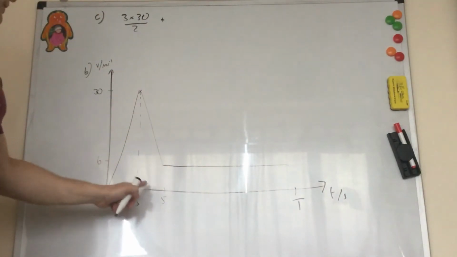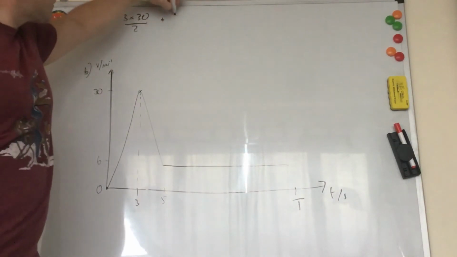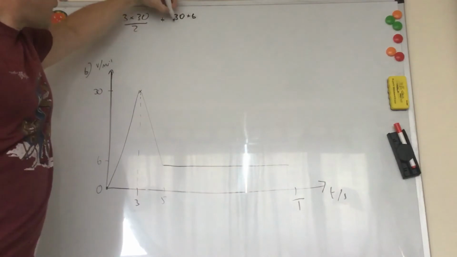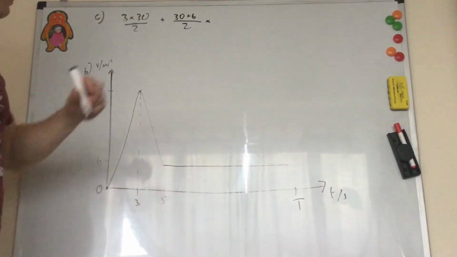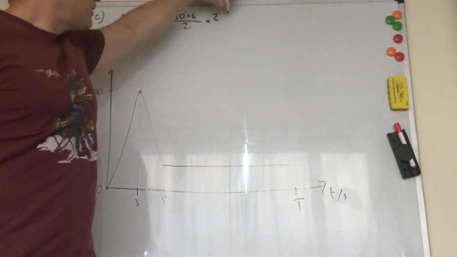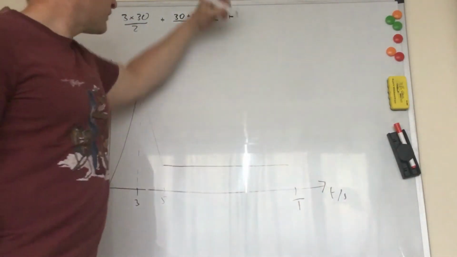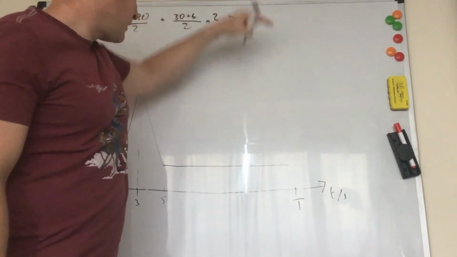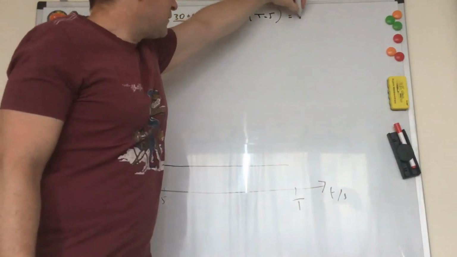Plus we've got a trapezium, with area a plus b divided by 2 times the height: 30 plus 6, and the height goes from 3 to 5, so that's 2. Plus the area of the rectangle, which is 6 high and T minus 5 long. And that's equal to 550.